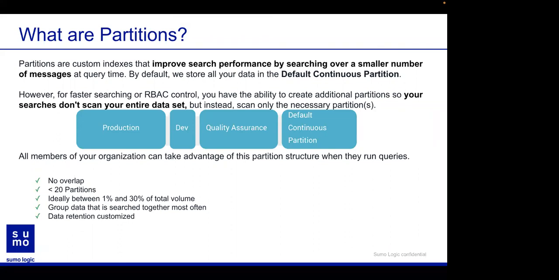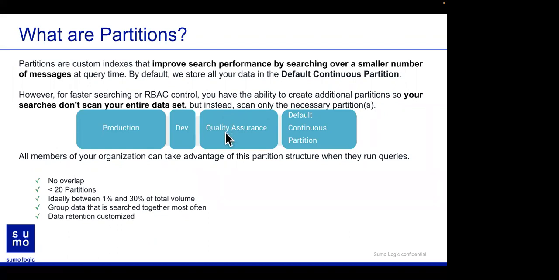And then you want to ideally use between 1 to 30% of your total volume. There's no benefit of creating a partition that's going to be 98% of your volume. There's really nothing gained there, right? So you want it to be something less than a third, if you will, of your total volume, 1 to 30%. And then, of course, you want to group the data that you search together most often. And then, as we said, you can also define how long you want to retain this, whether you want to retain it 30 days, 60 days, 90 days, whatever you want to do.